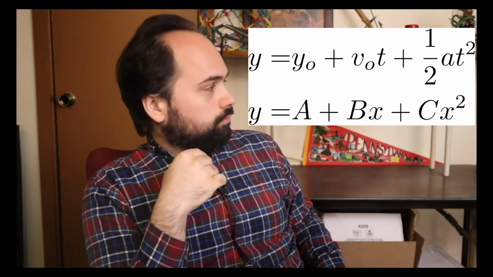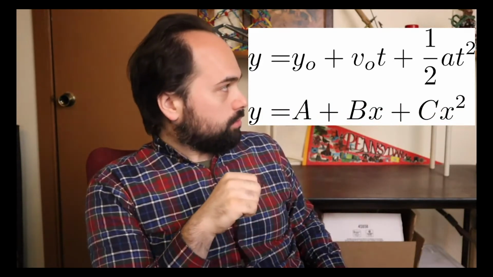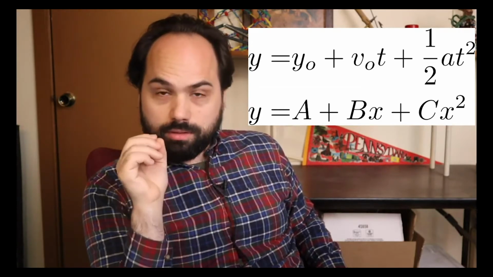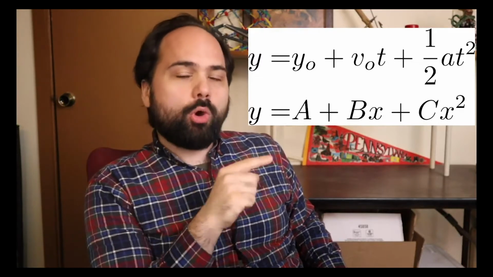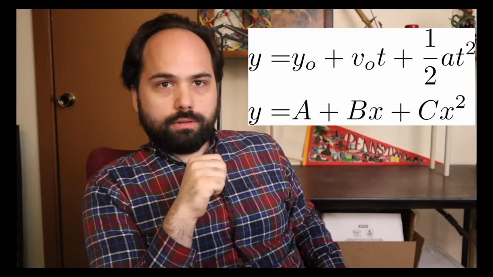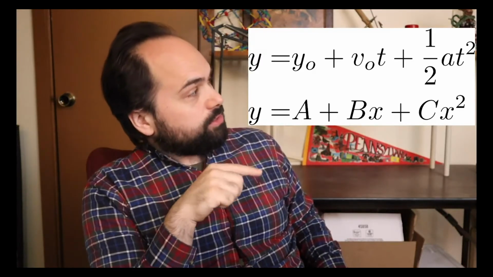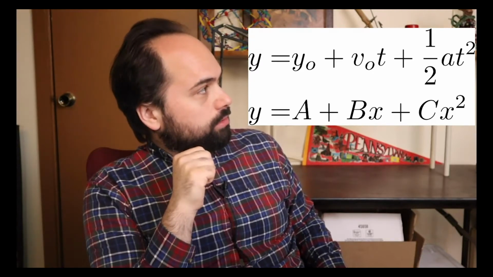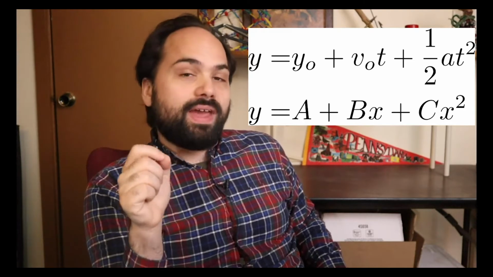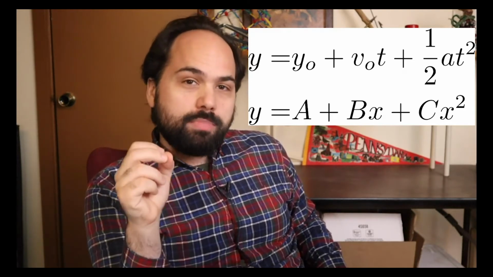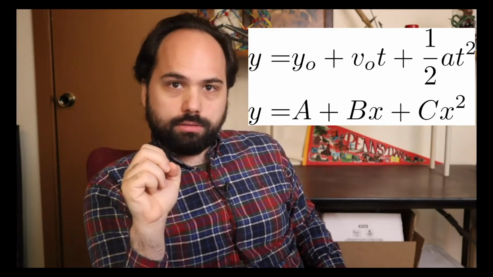Now, looking at these values, something that I hope you can see. When we look at the polynomials, we have these coefficients. And if we compare the coefficients to the physics equation, each of those coefficients is a value we can also measure empirically.